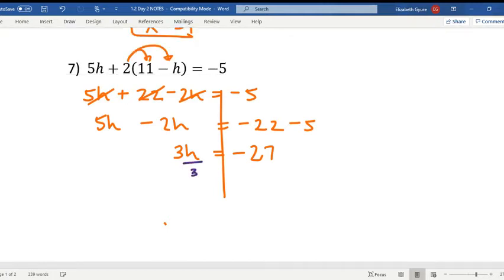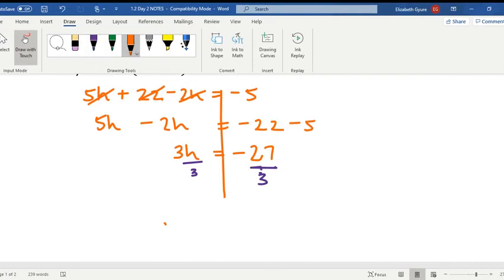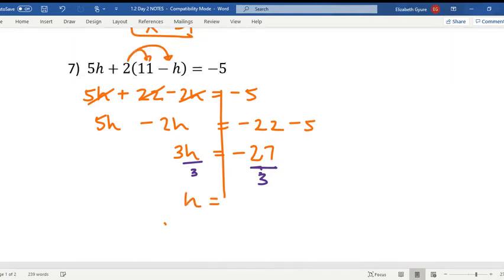Yep, divide both sides by 3, good. And then let's divide that. Ladies and gentlemen, a negative divided by a positive is a negative, and 27 divided by 3 is going to give us negative 9. Very good.